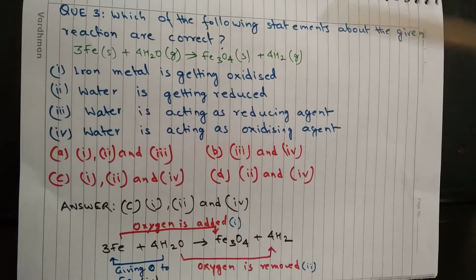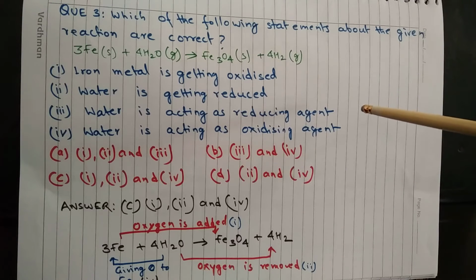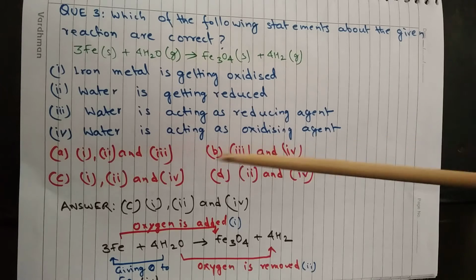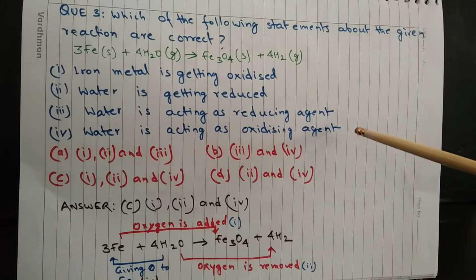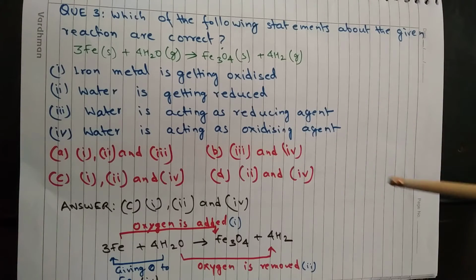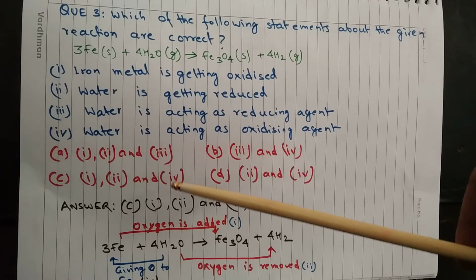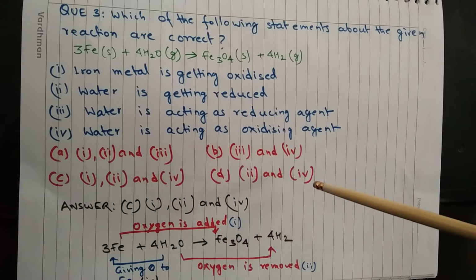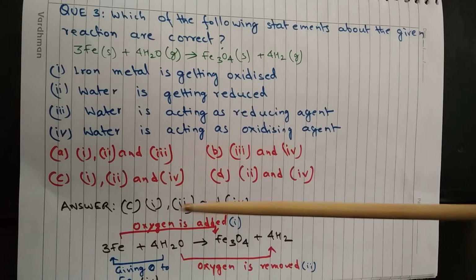Number 2, water is getting reduced. Number 3, water is acting as reducing agent. And number 4, water is acting as oxidizing agent. Options are A, 1, 2 and 3, B, 3 and 4, C, 1, 2 and 4, and D, 2 and 4. And the answer is C, 1, 2 and 4.